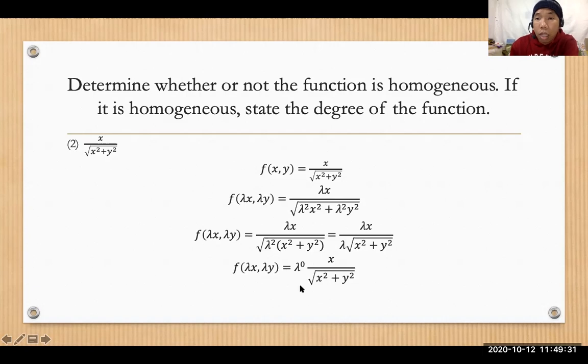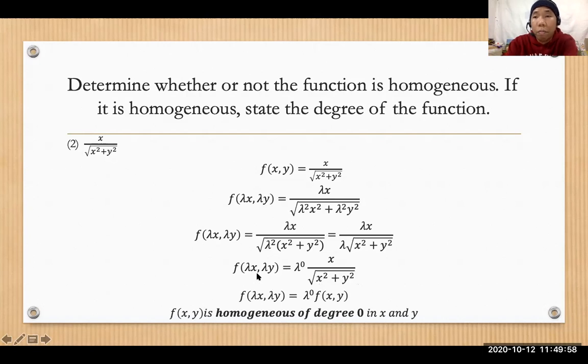Any number raised to 0 is equal to 1. So we put lambda still here to determine the degree of the given function. Now this is the original function, x over the square root of x squared plus y squared. So it means that this function is a homogeneous function of degree 0.